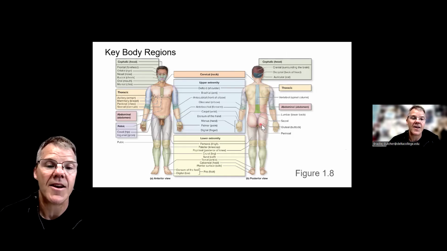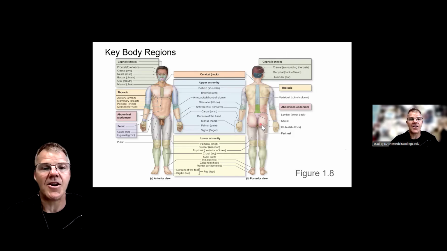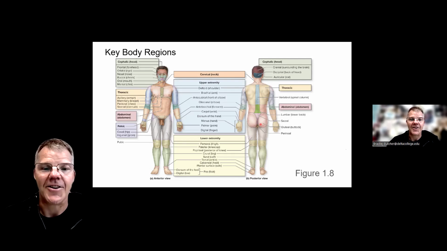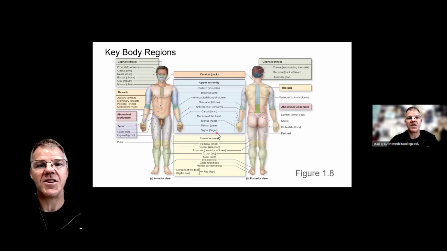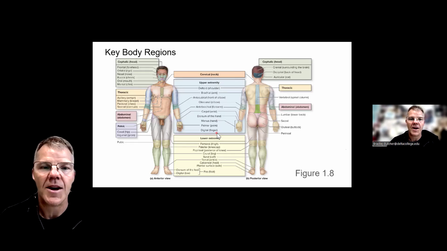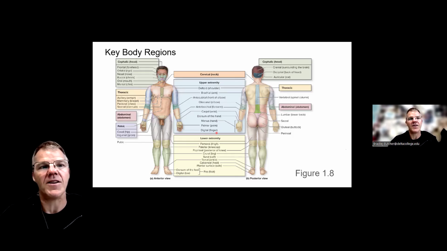And then I also suggest getting some sticky notes or even a washable marker and writing these terms on your own body or on, like I said, a friend, a trusted neighbor, a child, whatever it might be. Make sure you get their consent first. And then just go through and list these regions. When you master these regions, then everything else we do this term is going to fall into place.